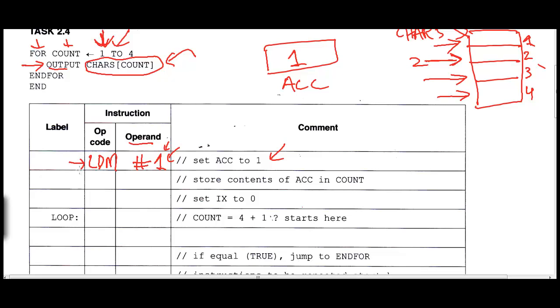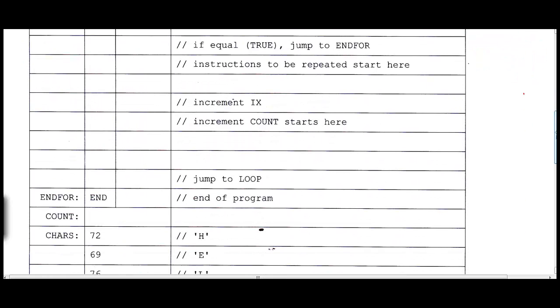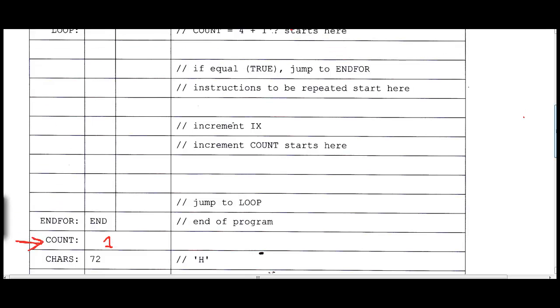Now we want to assign this value 1 to count, because we wanted to set count equal to 1. For that reason, first we have loaded the accumulator with this value 1. Now we are going to store this value in the location that is labeled as count, so that the value of count becomes equal to 1.